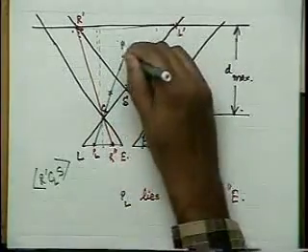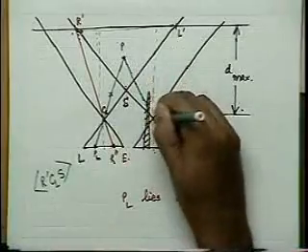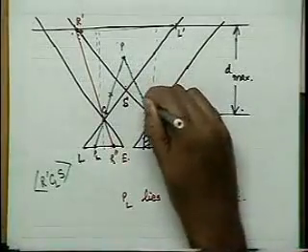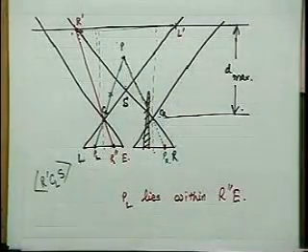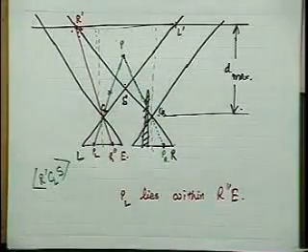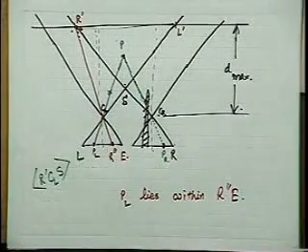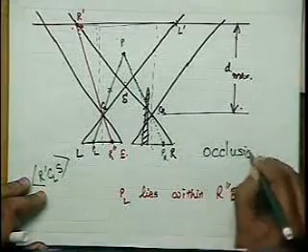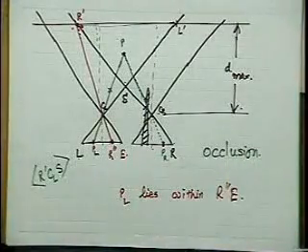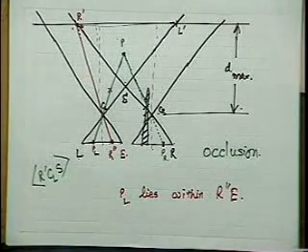The ray from P to CR is itself getting blocked over here, and we will not be able to see this point P. So don't think that if the point P lies within this zone R prime S L prime, it will be visible to both the cameras. It will be visible to both the cameras provided there is no obstruction, or what is described in the literature as occlusion. So whenever you have occlusions, you can't have a second view.